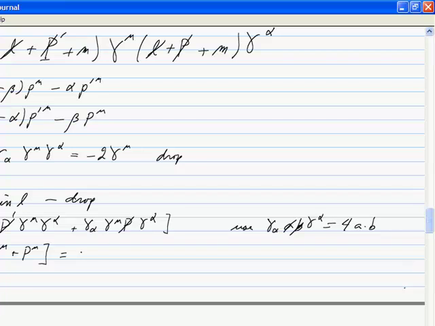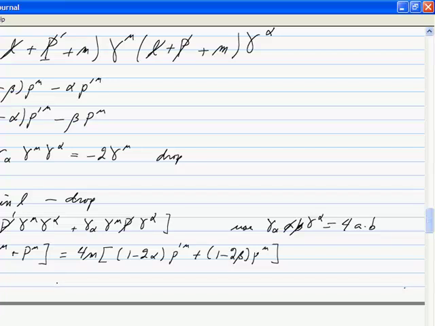It's 4m, 1 minus 2 alpha p prime mu plus 1 minus 2 beta p mu. And then remember, the integration that we have is symmetric in alpha beta, so the integral of alpha and the integral of beta are the same thing.